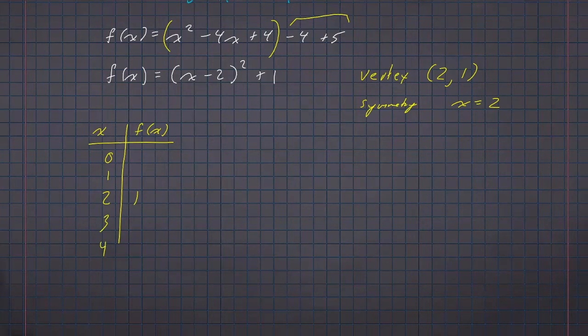You can either follow transformation of graph, or you can simply evaluate the function at each of these points. No matter how you go about it, you should end up with, I'm sorry, when x is 1, f of x is 2. When x is 0, f of x is 5. And by symmetry, when x is 3, f of x is 2. And when x is 4, f of x is 5. So we've got a couple of points.